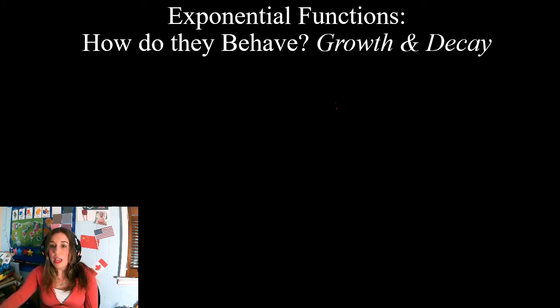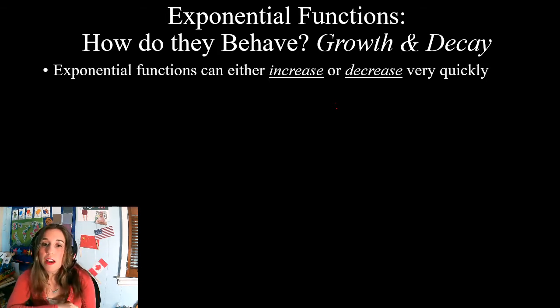Well, just like how our line behaved was directly related to our slope, with exponential functions, how our exponential function behaves is directly related to our constant multiplier, which is how our function is changing. It's like a rate of change once again. They are in direct relationship with one another. So let's take a look at how that relationship plays out.